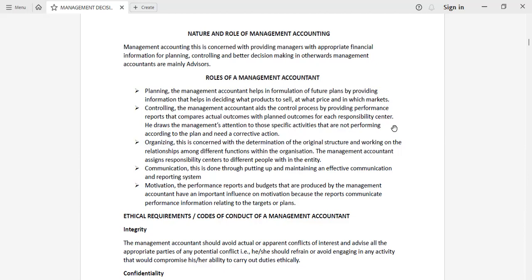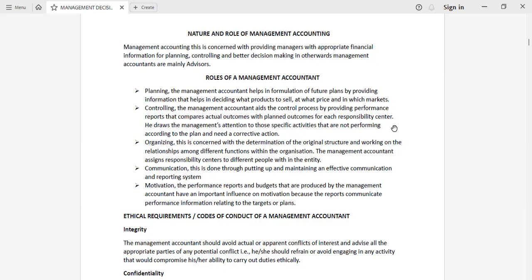But what we shouldn't forget is that in the MDC paper, the examiner is going to be looking at us as cost and management accountants. So we need to know what management accounting is all about, and we also look at its nature.